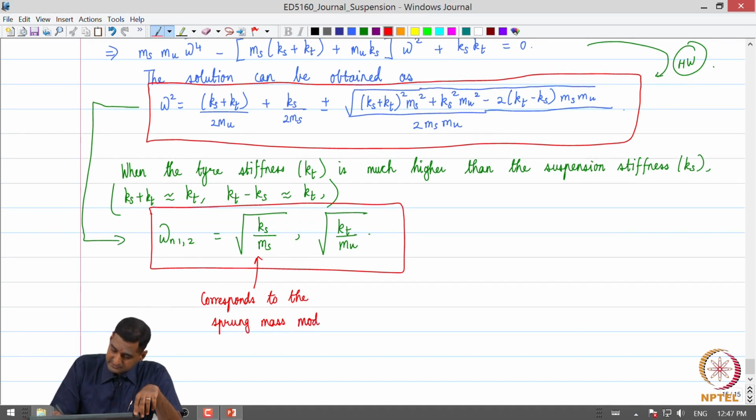Okay. And this is the natural frequency corresponding to the unsprung mass.